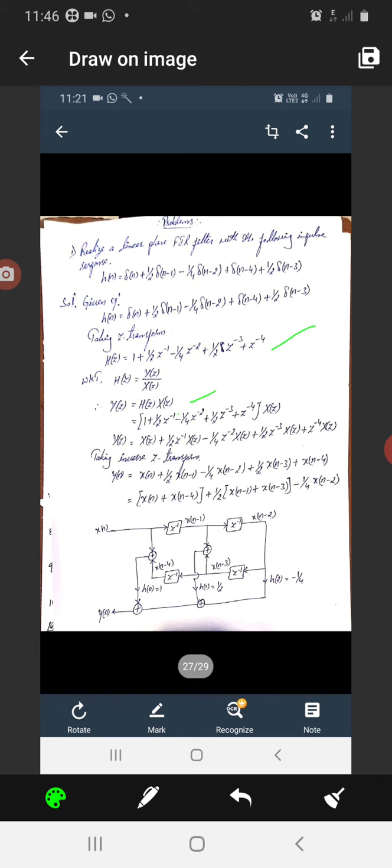Write H of z as it is and multiply each term with X of z. Then you will get the equation: Y of z is equal to X of z plus 1 by 2 z inverse X of z. Like this you have to multiply the whole function with X of z.